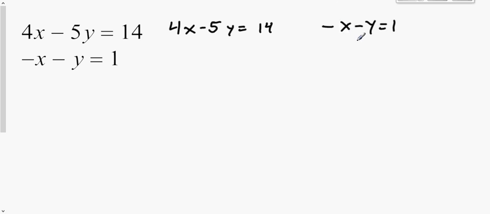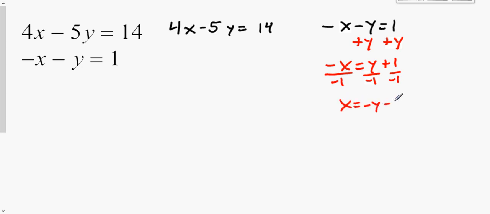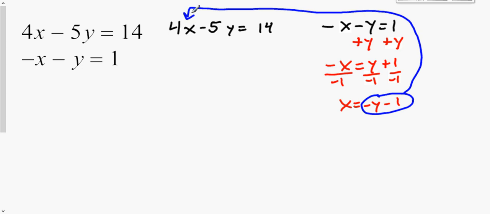Just for simplicity, I'm going to get the x by itself. That means I'm going to add y to both sides. That leaves us -x equals y plus 1. I have to divide everybody by a negative. I get negative y minus 1 as my x equals expression. So we're going to take what x is equal to, plug it in over here.